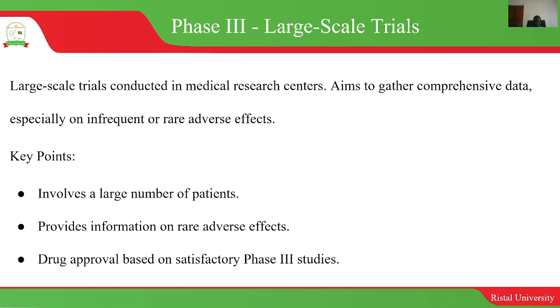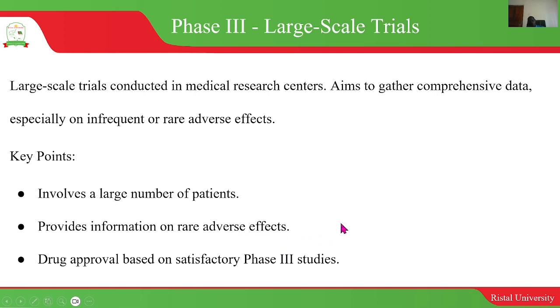So large scale trials conducted in medical research centers aims to gather comprehensive data, especially on infrequent and rare adverse effects. Key points here involves a large number of patients. Normally, we put more patients in this clinical randomized control trials. Provides information on rare adverse effects.